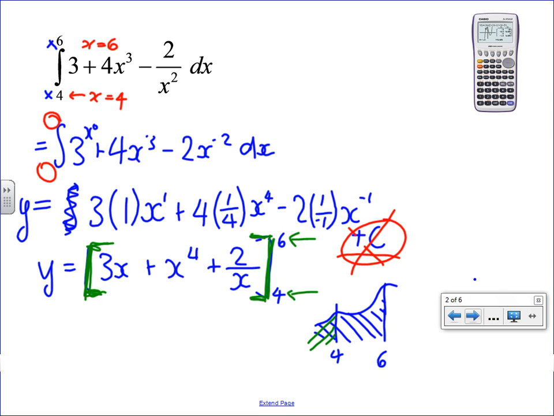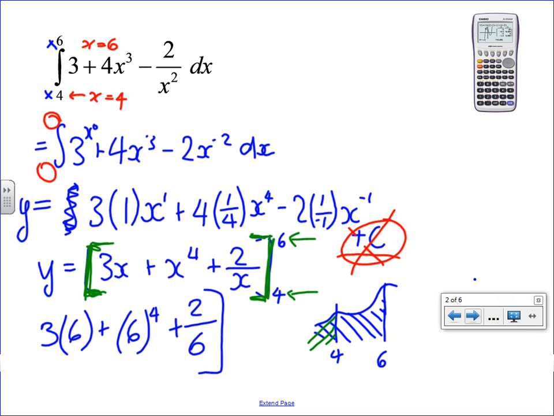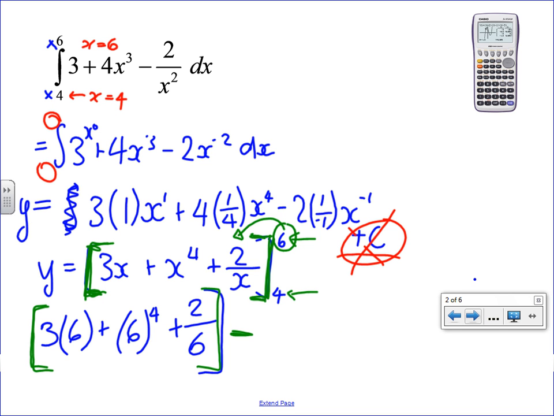So the integral is 6 and then that, and then, am I doing this right? I haven't done this in so long. Yep, 2 over 6. I would keep these square brackets because we're first putting in the 6, then we're going to subtract, and then we're going to put in the bottom limit, the 4.